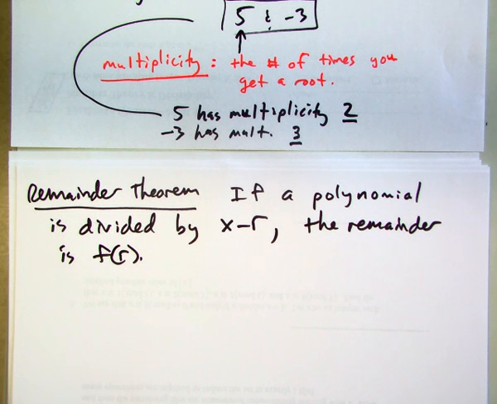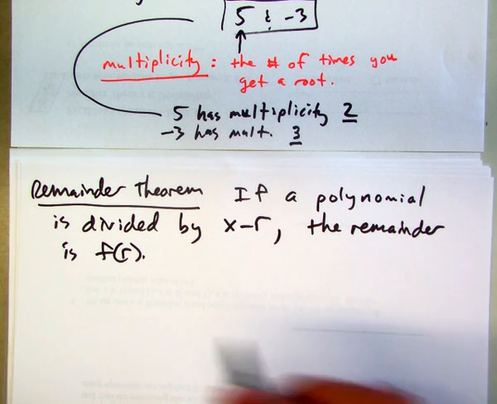A lot of times, really all you care about is whether there's a remainder or not. So rather than doing the entire division algorithm, if it's long division, synthetic isn't too bad, but if you have to do long division and you want to know if there's a remainder or not, this is pretty quick.